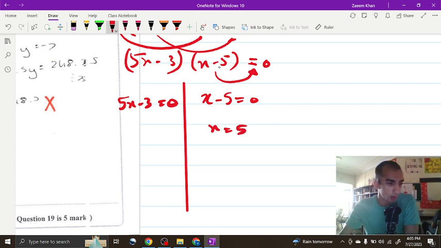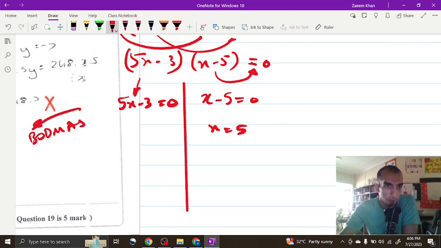Help me solve the other one. 5x take away 3. We're supposed to isolate x, so the first step that we're going to follow is to get rid of addition, subtraction first. 5x minus 3 plus 3, then that's 0 plus 3. 5x is equal to 3.